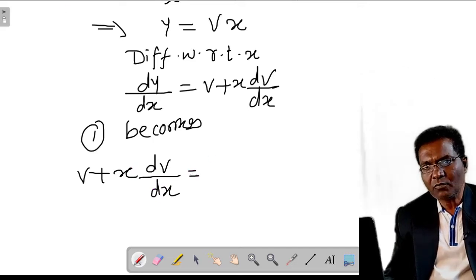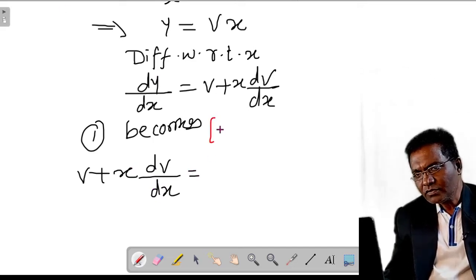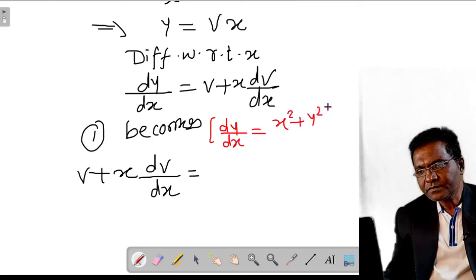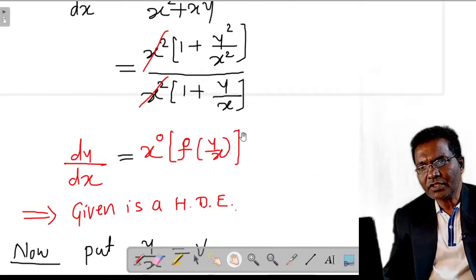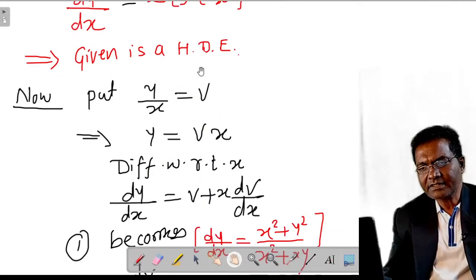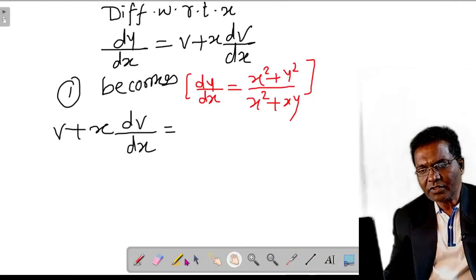Okay, let me write what we have. One is this, dy by dx equals x square plus y square divided by x square plus xy. Yes, x square plus xy. So in this you have to substitute.